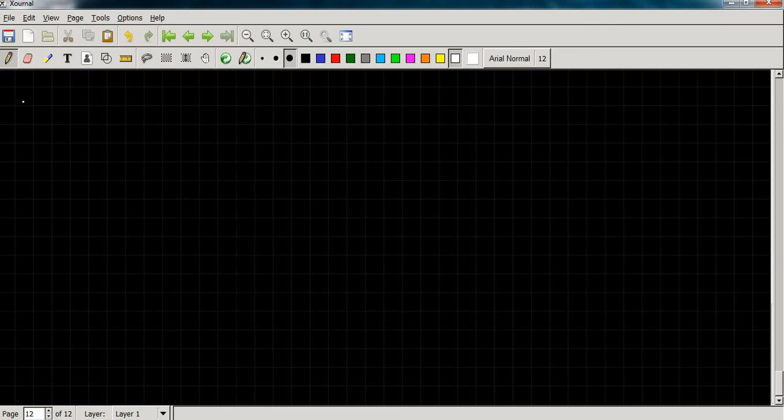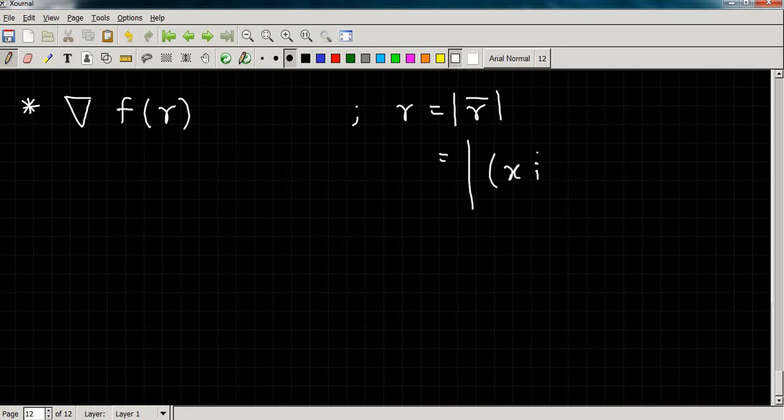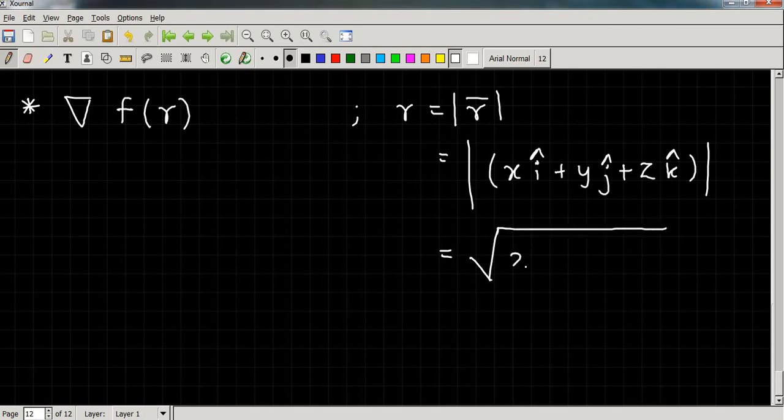Then there are some vector identities related to the chain rule. If we operate this del on a function of r, where r is nothing but the magnitude of vector r bar, where r bar is xi bar plus yj bar plus zk bar, and this magnitude is nothing but the square root of x square plus y square plus z square.